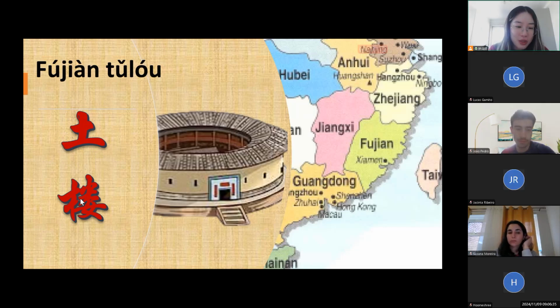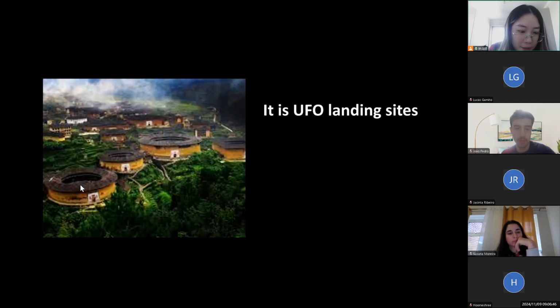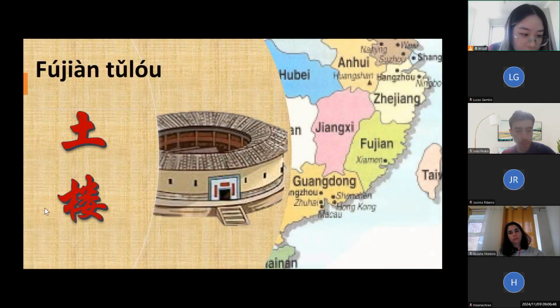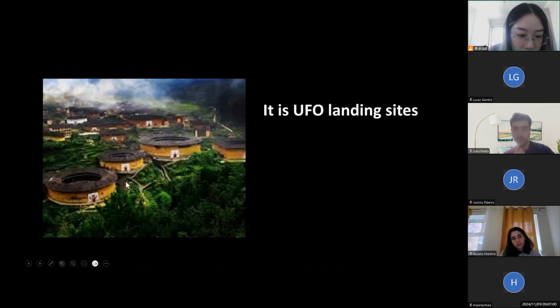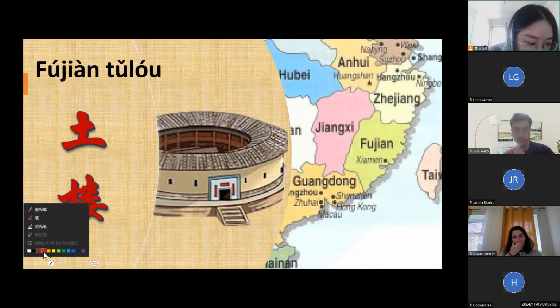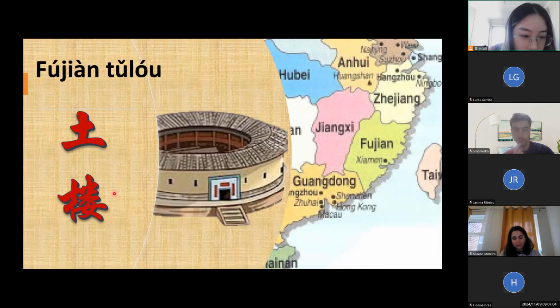Okay, and this one, it's not that clear here, but I will type it again. This one means building. This radical, the left part, looks like a little tree. Probably I can write on it to let you see better.